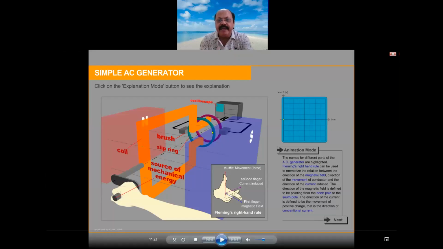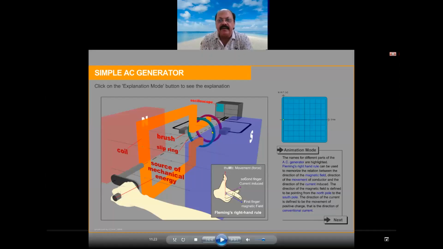And Fleming's right hand rule can be used to memorize the relation between the direction of magnetic field, the direction of movement of the conductor, and the direction of the current induced. The direction of magnetic field is defined to be pointing from north pole to south pole.